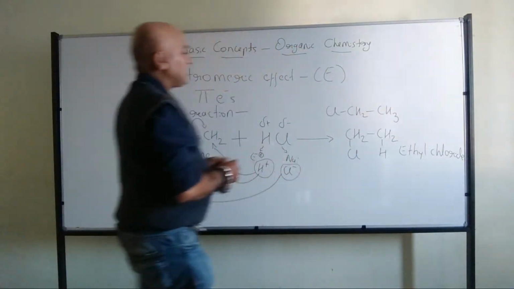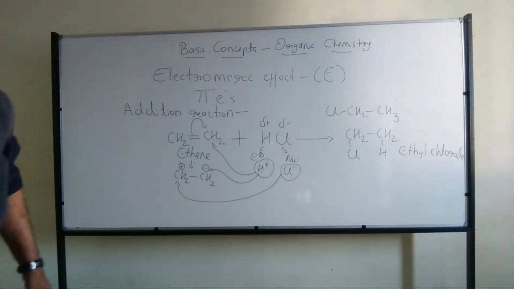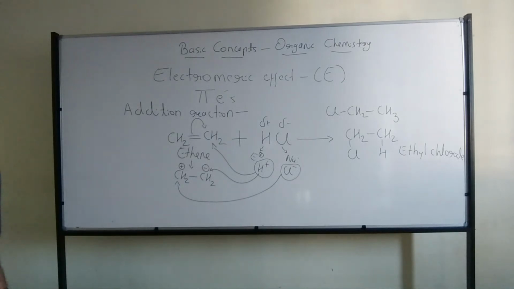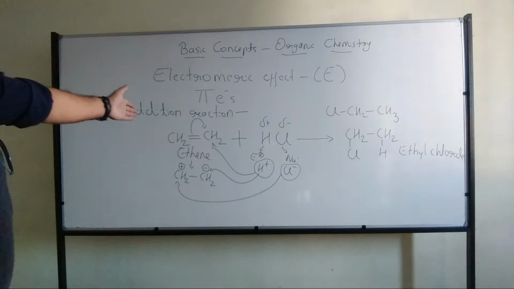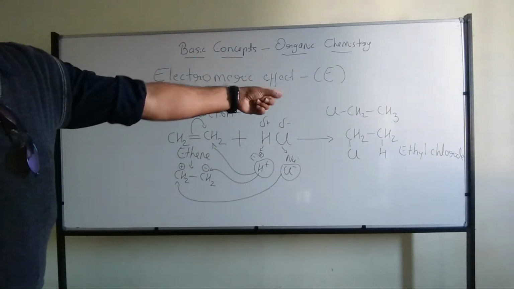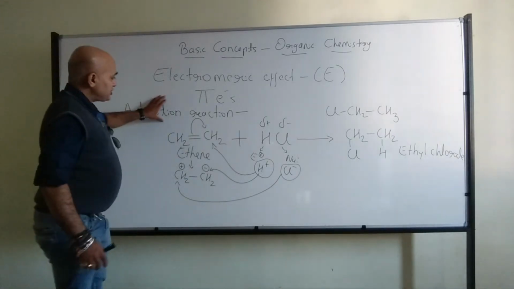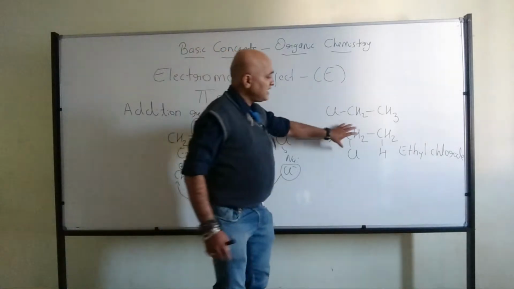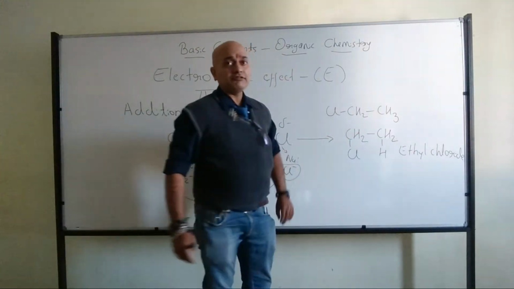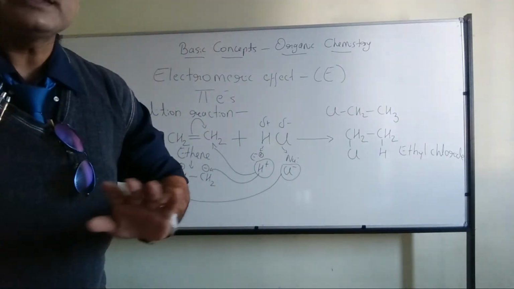Okay, so when I am talking about this addition reaction, where ethene is getting converted into ethyl chloride, an unsaturated molecule is becoming a saturated molecule. In ethyl chloride, there is no double bond.